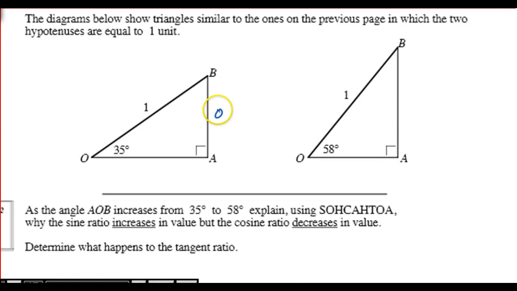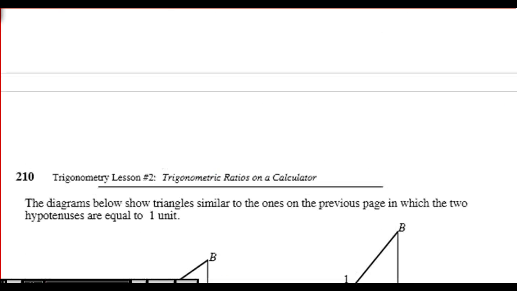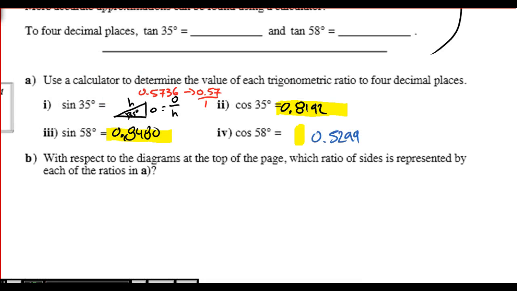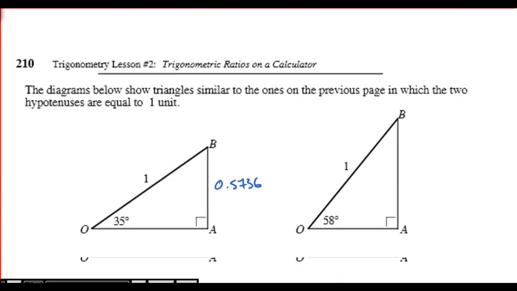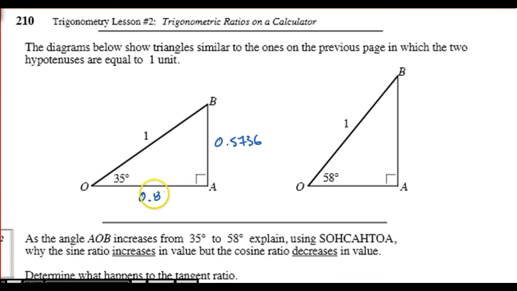That would be 0.5736, and cosine 35 would be 0.8192. So if the hypotenuse was 1, the lengths of these two would be these decimal numbers here.